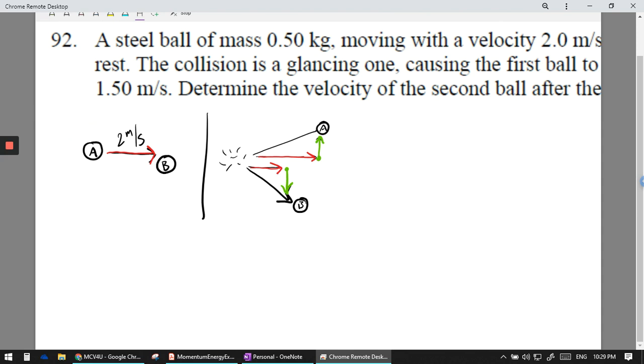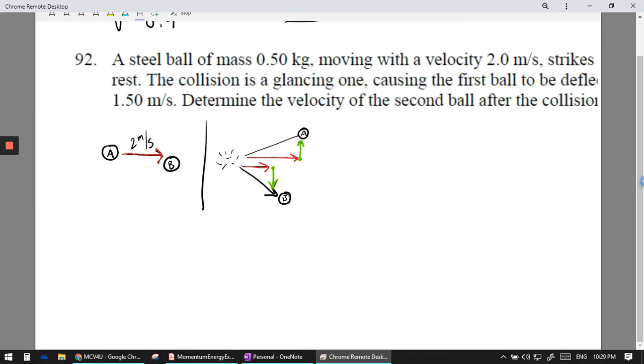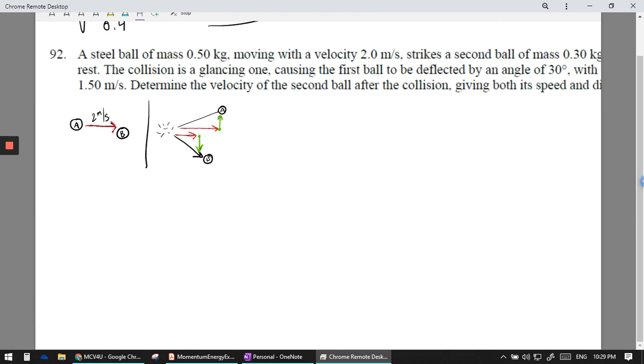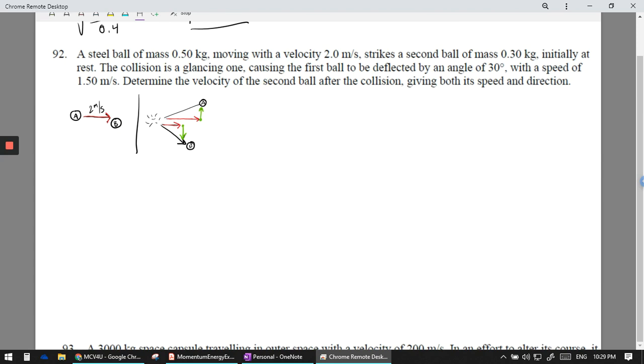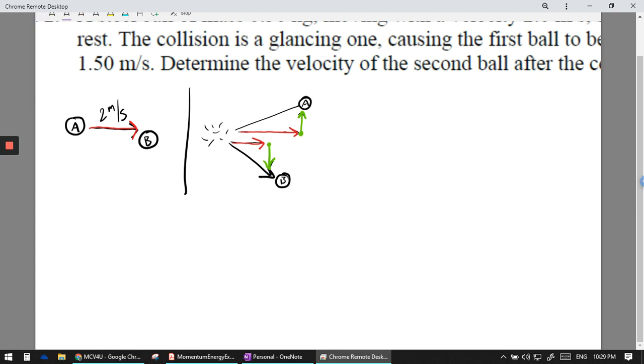So that being said, let's take a step back here and read again what information they've given us. So looks like the first ball has a deflection angle of 30 degrees. So I'm going to go ahead and write 30 degrees here, and right in here, 30 degrees.